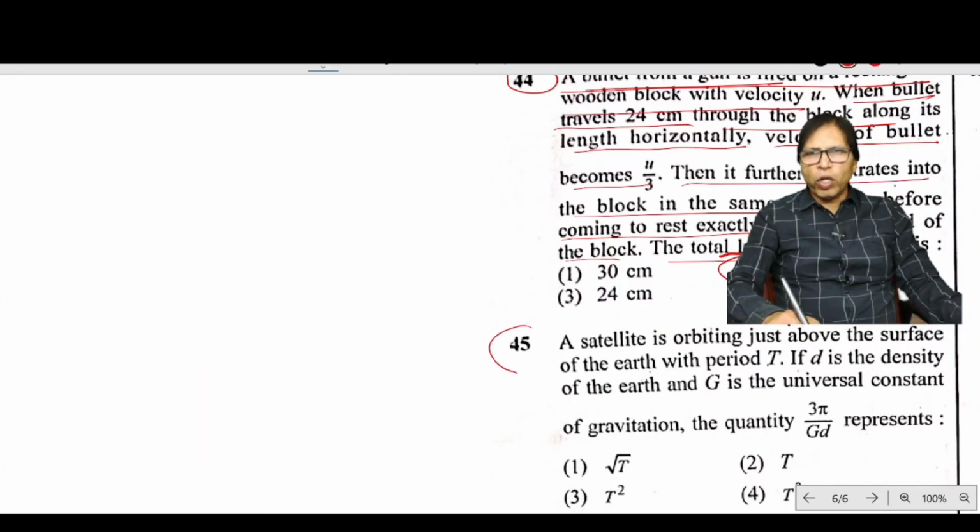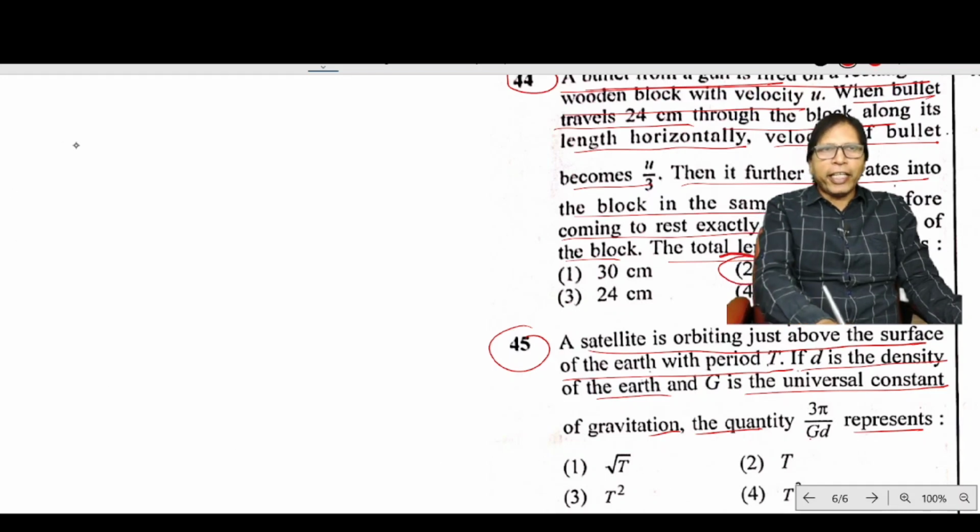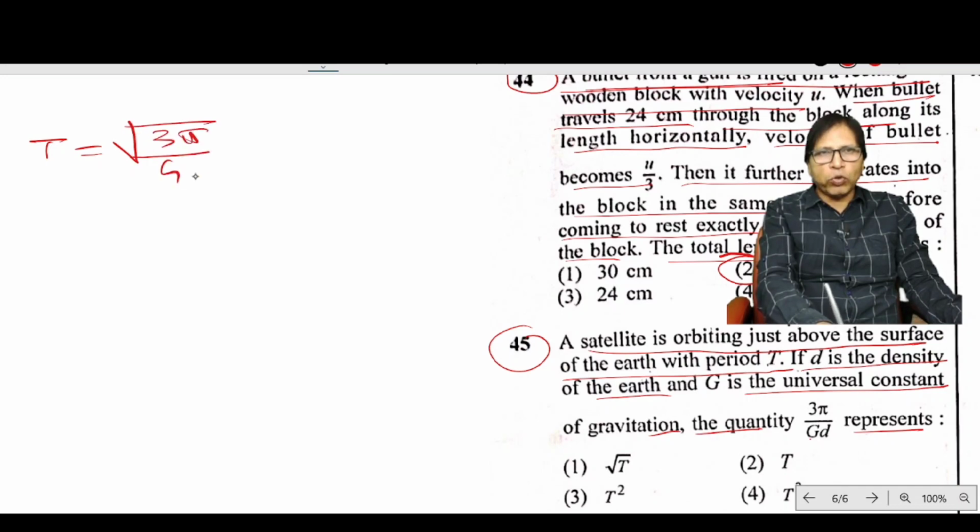Now question number 45. A satellite is orbiting just above the surface of the earth with a period capital T. If d is the density of the earth and G is the universal constant of gravitation, then the quantity 3 pi by G d represents T square, because the minimum time period T equals 3 pi by G into d.